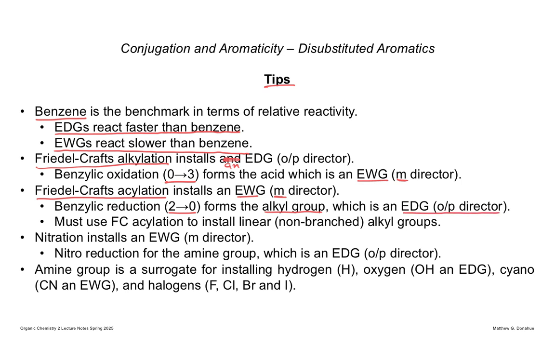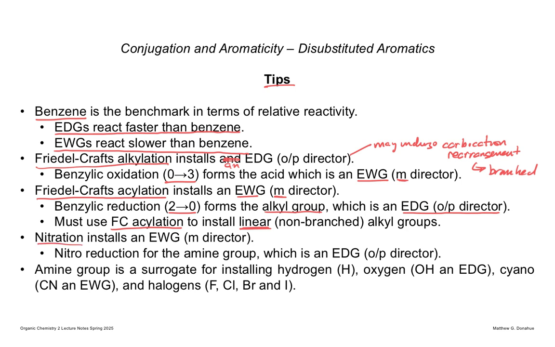Also keep in mind the Friedel-Crafts acylation is what you use to install a linear side chain, because the alkylation may undergo carbocation rearrangement. And that would lead to a branched side chain.